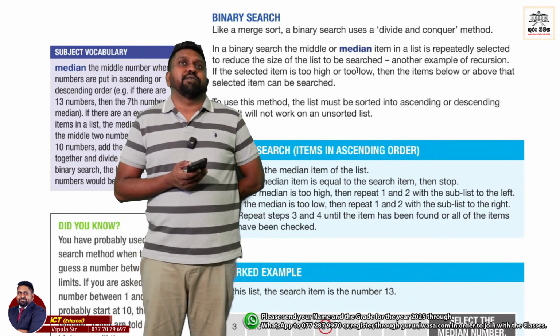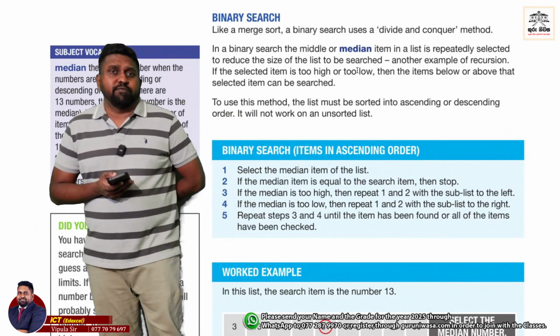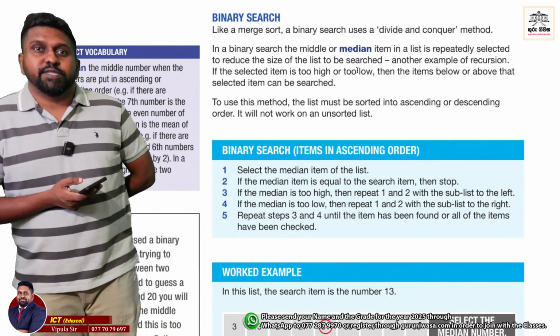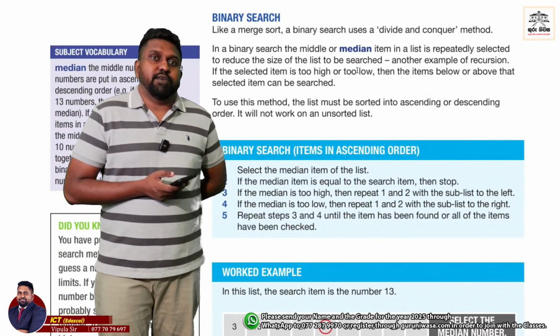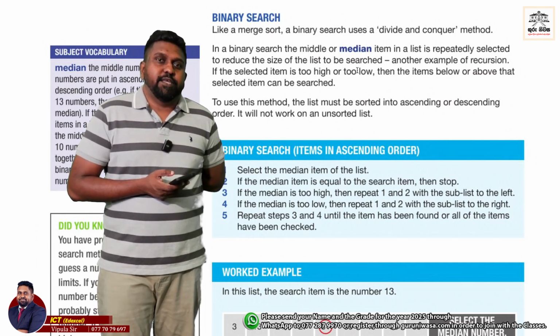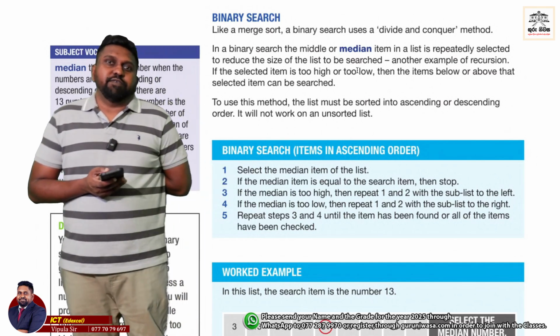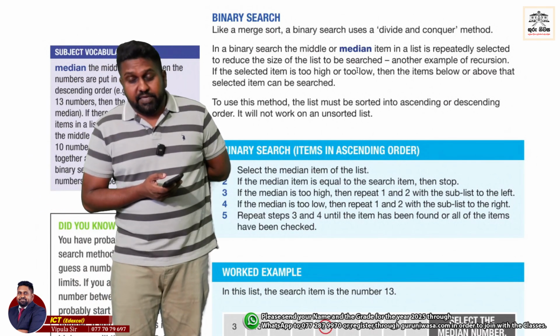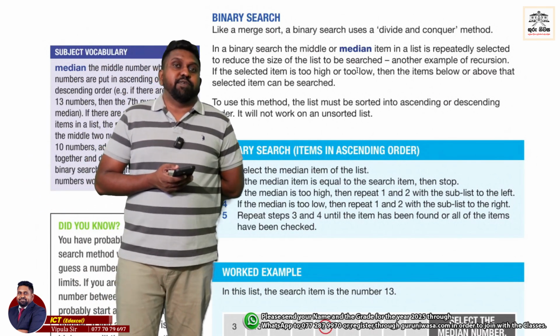Let's say you have numbers from 1 to 100, and you are trying to search for a number, let's say 71.